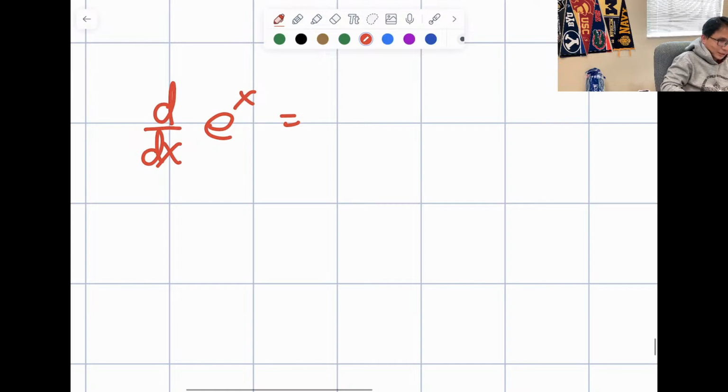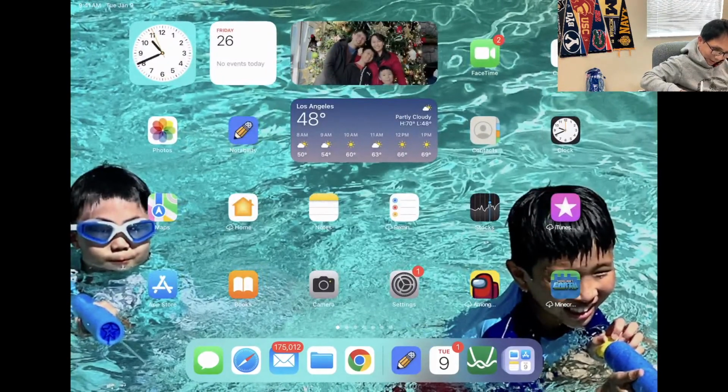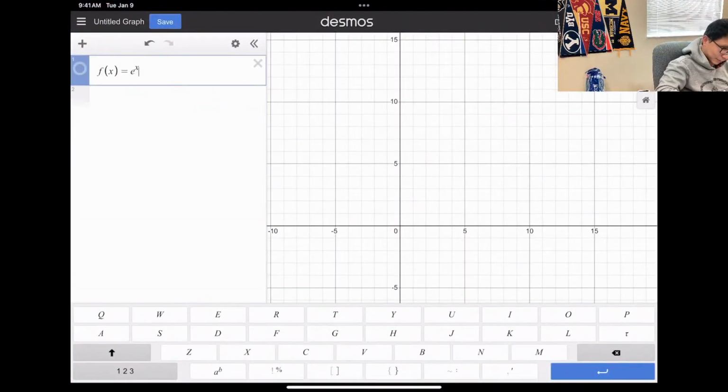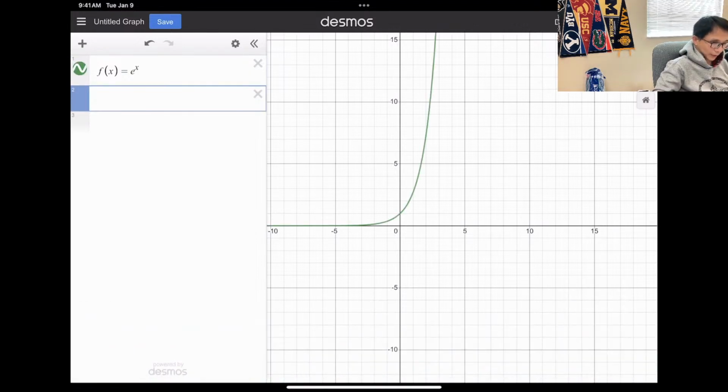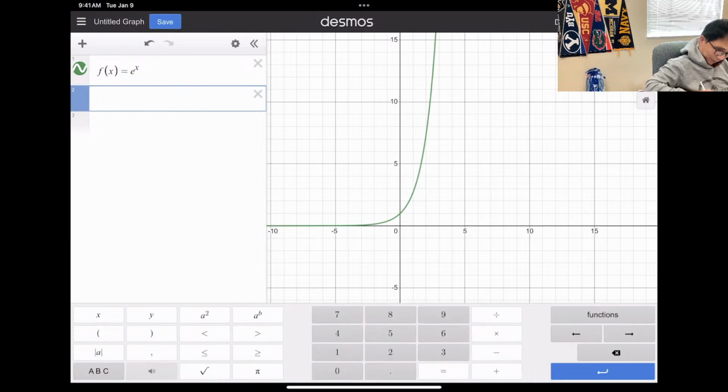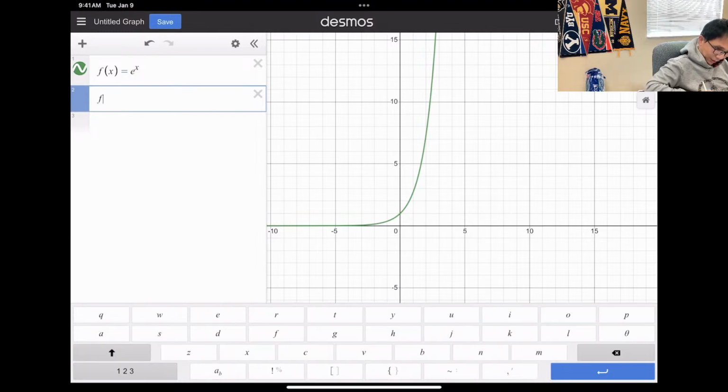Okay, the derivative of e to the x is, well, I'm going to ask you to look at this and tell me what it is. Okay, so this is the f of x graph, that's the e to the x graph. I'm going to ask you to graph the f prime of x.